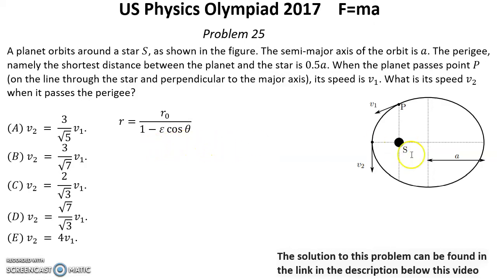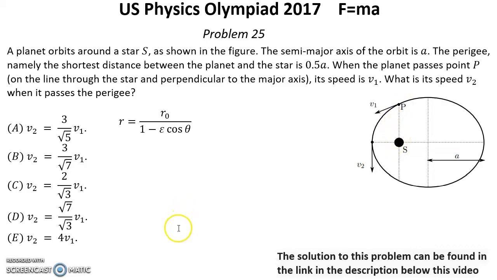Here theta is the angle between x-axis and the direction to this planet, and epsilon is eccentricity, and r0 is the distance from star to planet, where this planet is on a perpendicular to major axis.